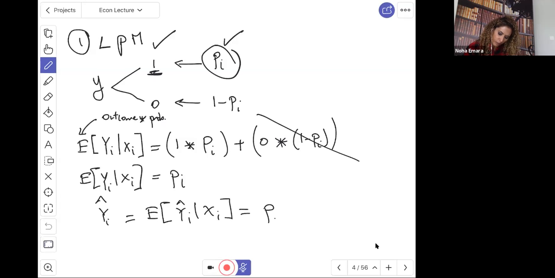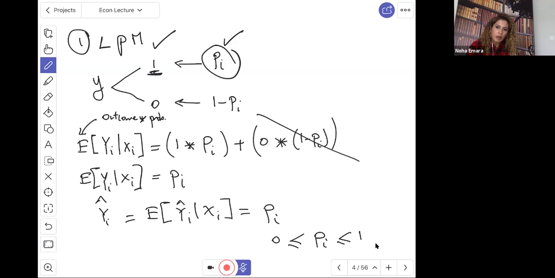And since I'm saying it's a probability, you already know from statistics and from real life that pi is bounded between 0 and 1. It can't be more than 1 and it can't be below 0.